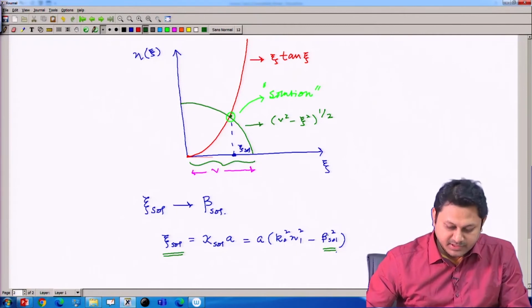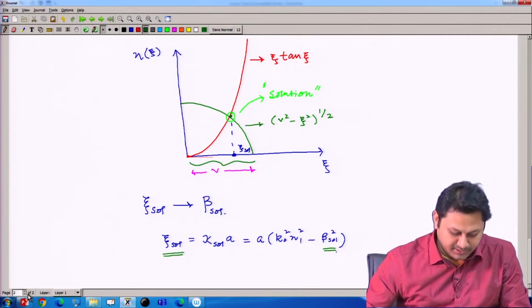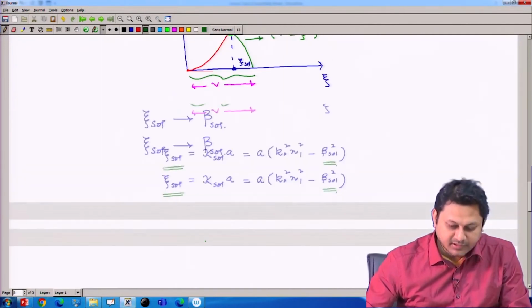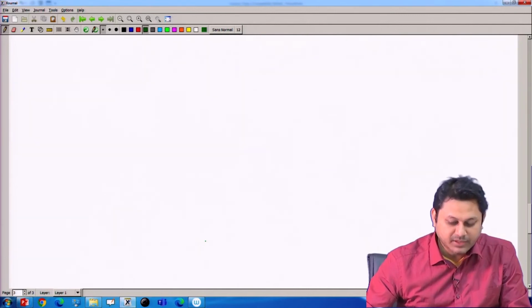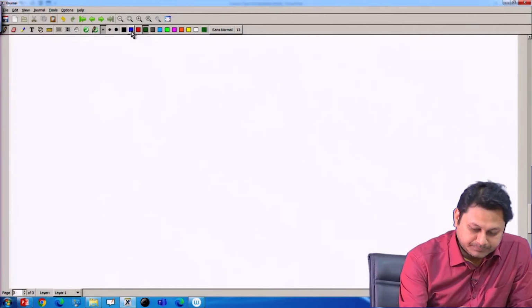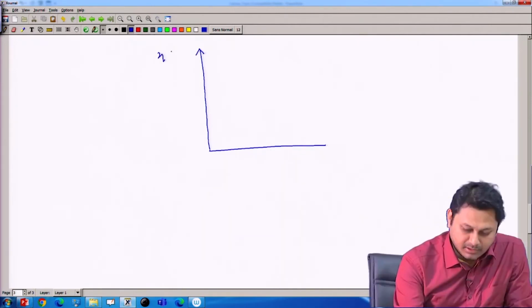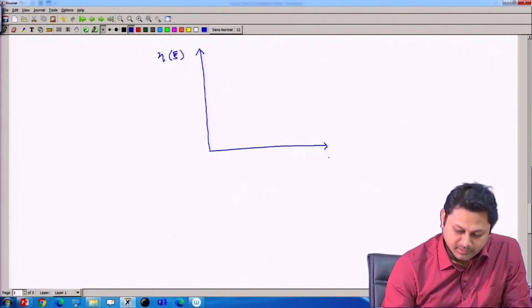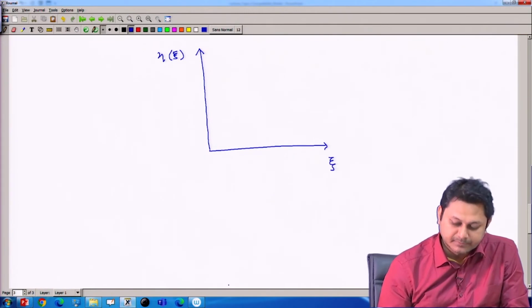And now it is interesting to note one thing, that this is for a fixed value of v. So, if I increase the value, what happens? Let me draw it once again. This is my eta as a function of xi, and this is xi I am plotting.